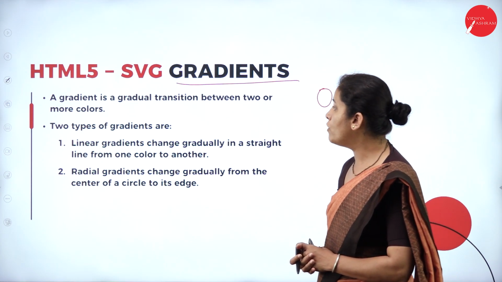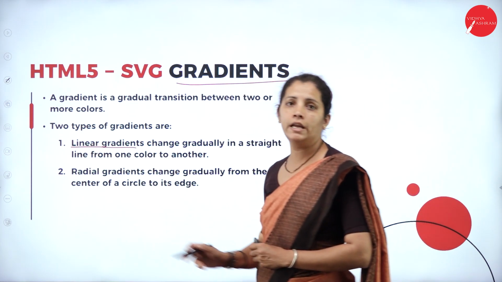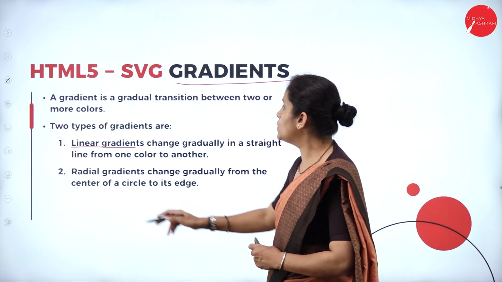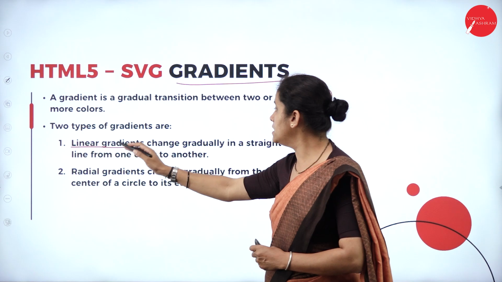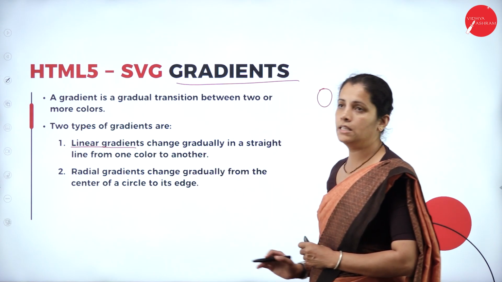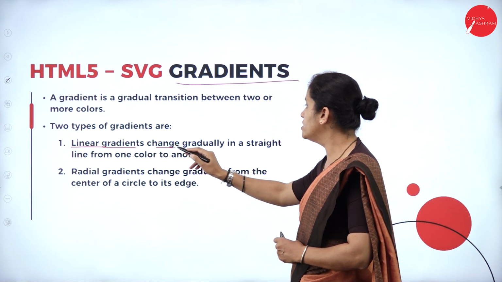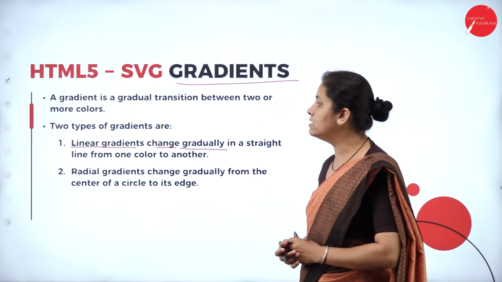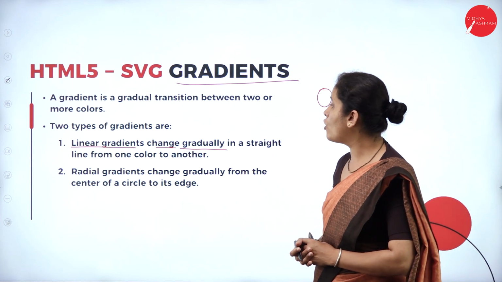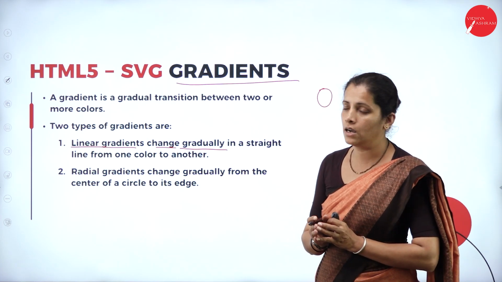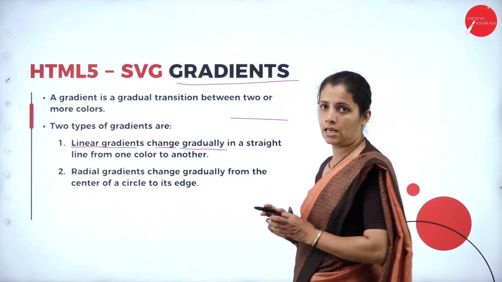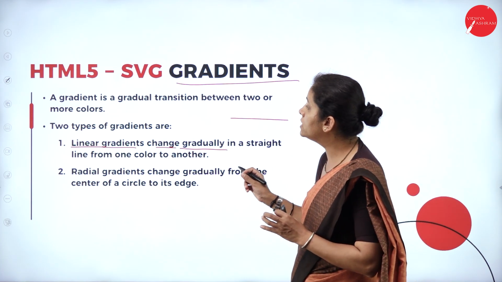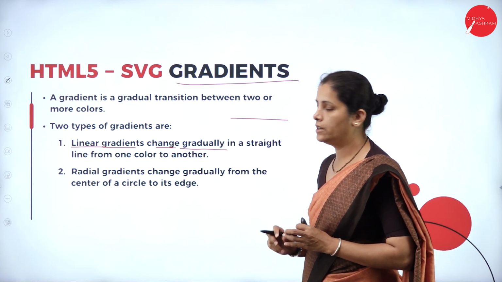There are two types of gradients, linear gradients and radial gradients. Linear gradients are used to change the color gradually in a straight line from one color to another color. So think that I have a straight line and I want to change the color, then I'll go with the linear gradient.